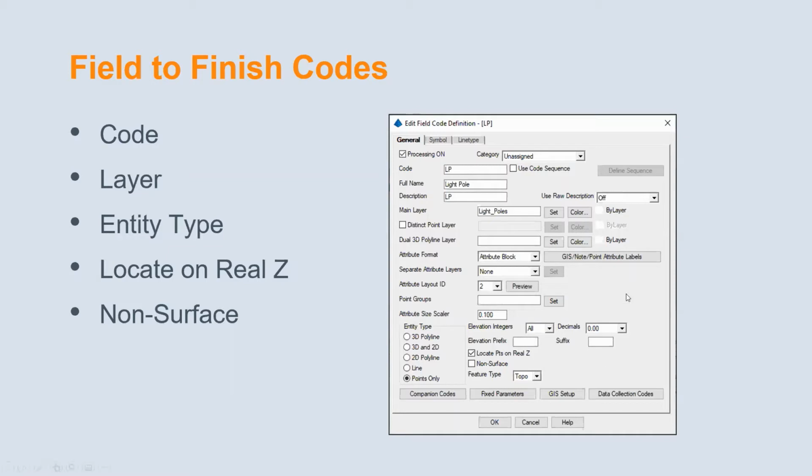So lots of things that you can control here in setting up the codes. You can see this is the part that's going to take you a little while to refine, how you want different codes handled and displayed. But you can also see how much work that can save you, because it's really going to organize your drawing.